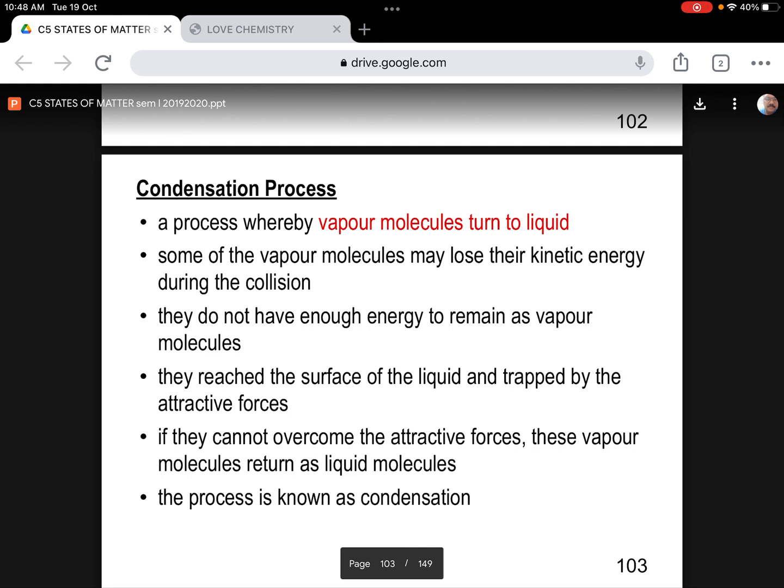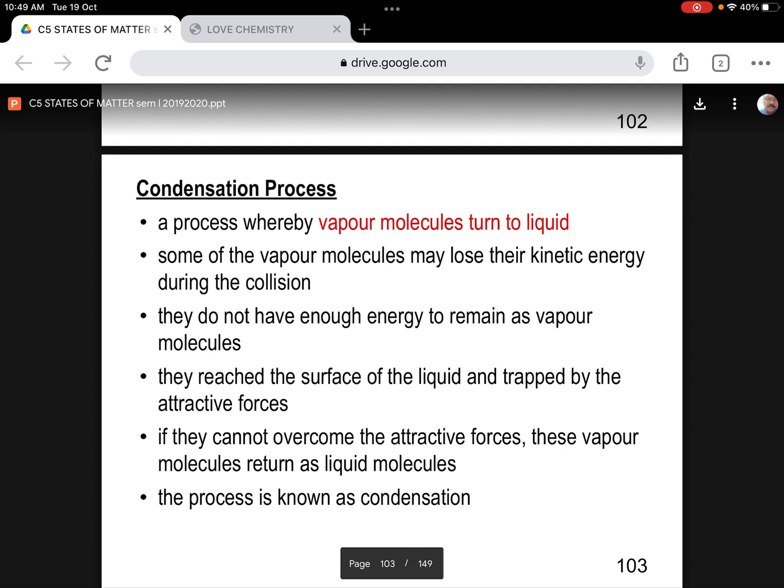Some of the vapor molecules may lose their kinetic energy during collision. They do not have enough energy to remain as vapor molecules. This is after they become vapor. They escape as vapor, they collide and lose kinetic energy, and they don't have enough energy to remain as vapor molecules. So they return to the surface of the liquid and are trapped by the attractive forces.